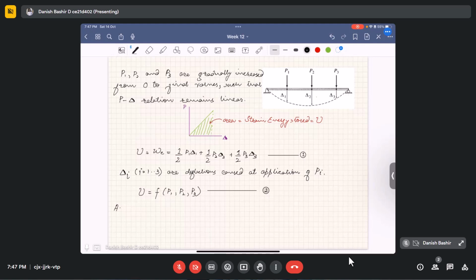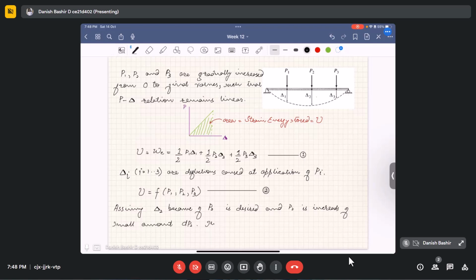Assuming delta 2 because of P2 is desired, and P2 is increased by a small amount dP2.